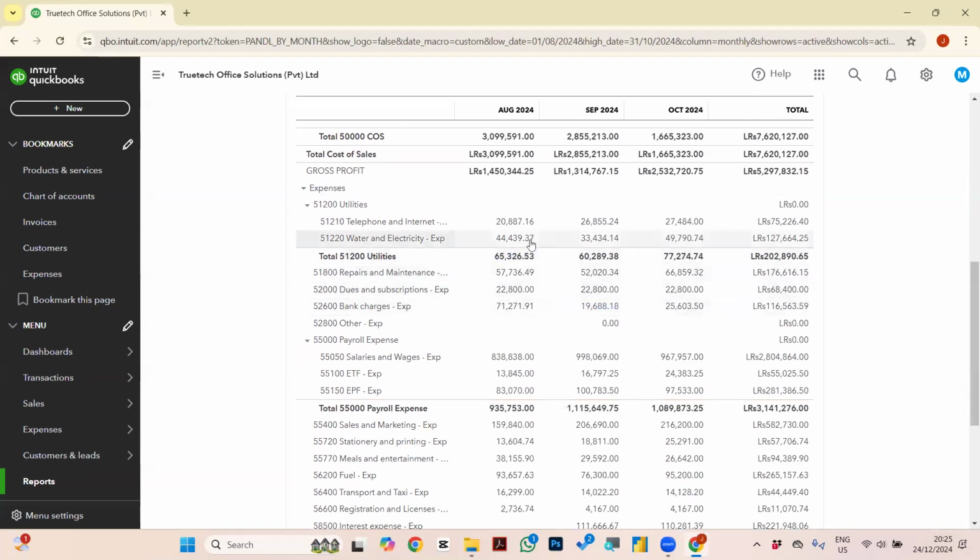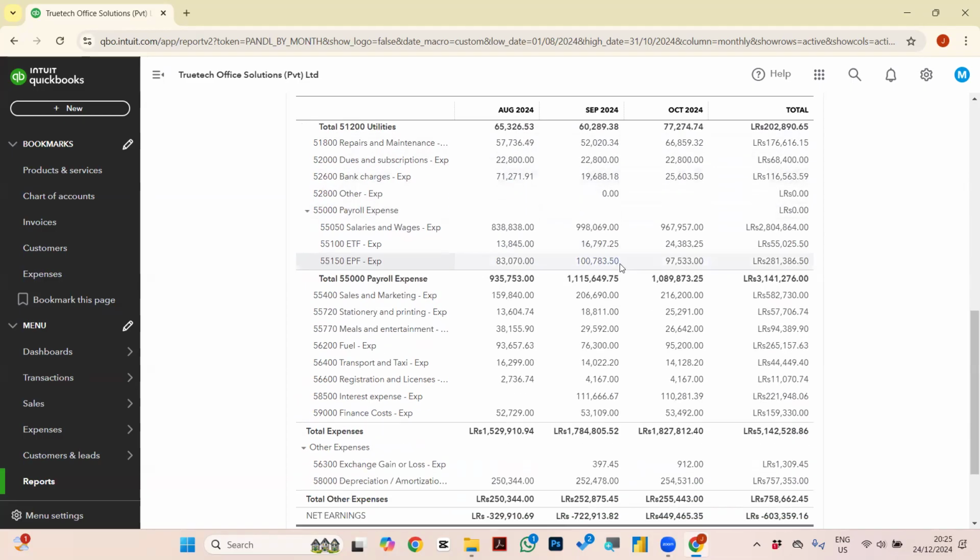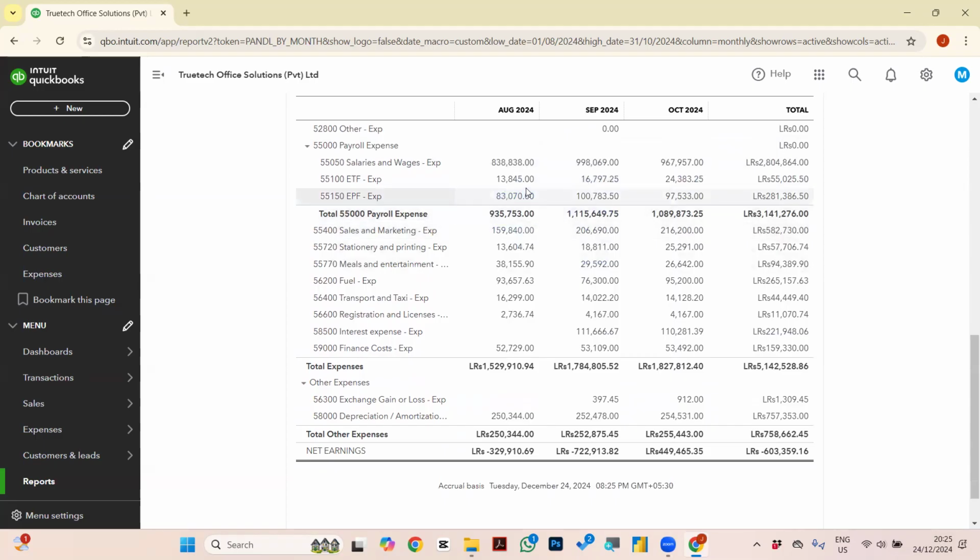So you see here the telephone expenses, you can compare now. Water and electricity, easily you can compare. It is increased. Repair and maintenance, dues and subscriptions, bank charges. You see here, it was too high at the beginning for some reasons. You see salaries and wages increasing, ETF, EPF payments.